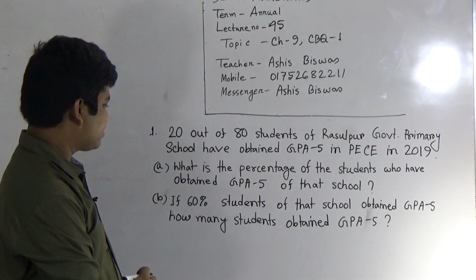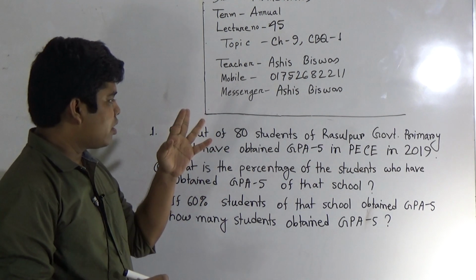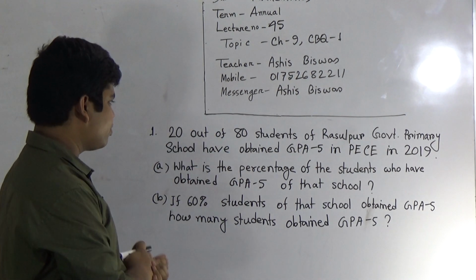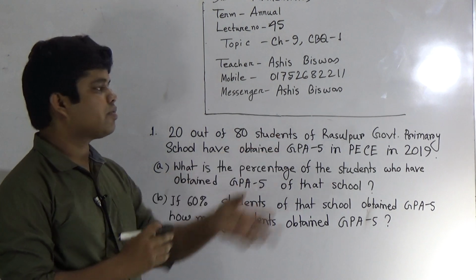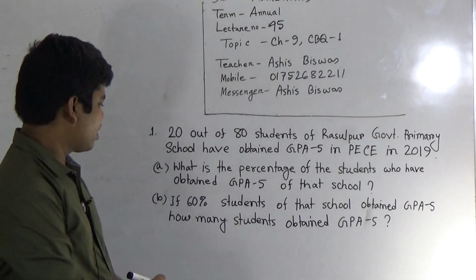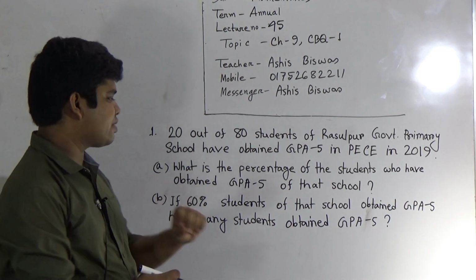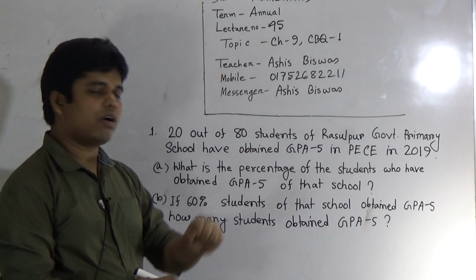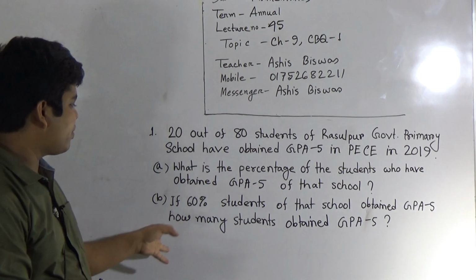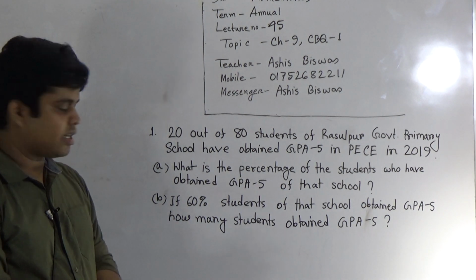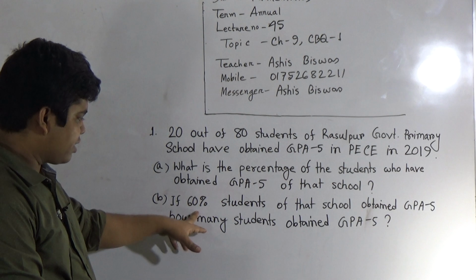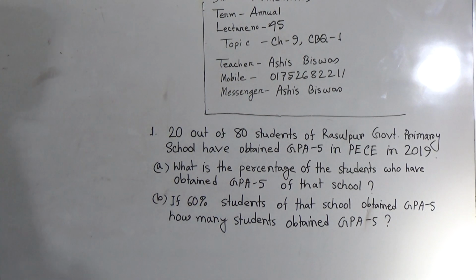So notice the Rasulpur Govt Primary School has 80 students in total. Okay, but here the information is 60% students of that school obtained GPA 5. So by this information we can take a decision that out of 100 students, 60 students obtained GPA 5.